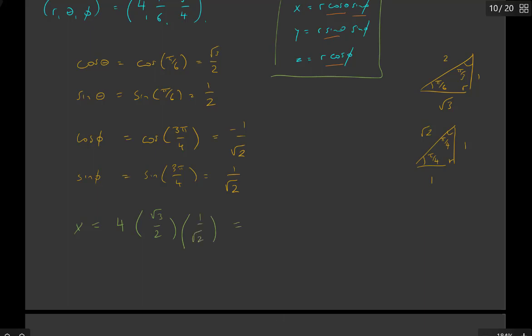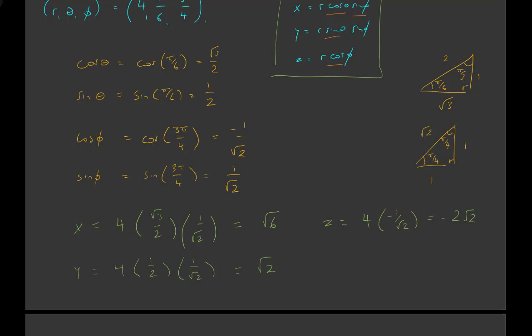And that's equal to root 6. And y is equal to the radius times 1/2 times 1 over root 2, which is root 2. And z, I can do that over here, that's 4 times negative 1 over root 2, or negative 2 root 2.